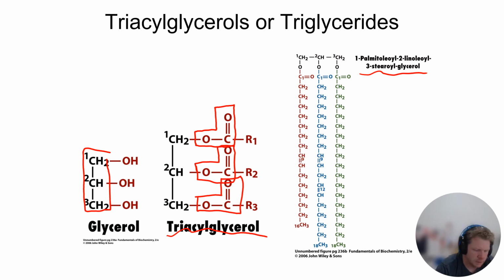What this name is showing is that at carbon position number 1 on our glycerol molecule, we have a palmitoyl acid, then a linoleoyl acid, and a stearoyl acid at position number 3.